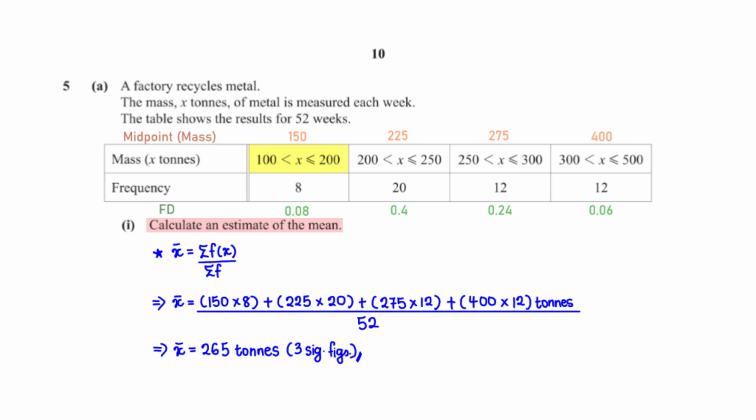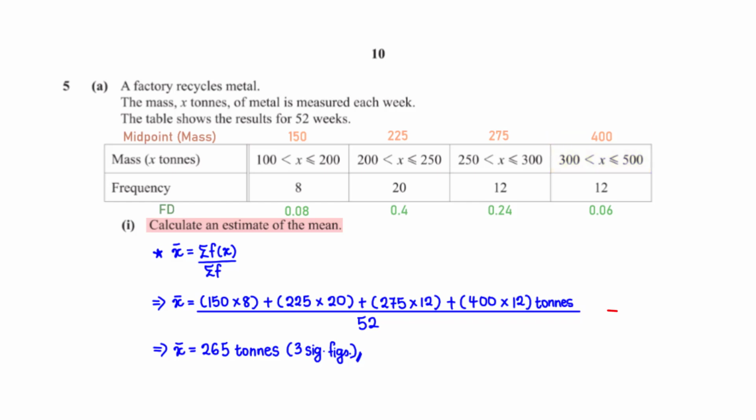So for the first interval, the midpoint mass is 100 plus 200 divided by 2, which is 150. Then we have 200 plus 250 divided by 2, which is 225. 250 plus 300 divided by 2, which is 275. 300 plus 500 divided by 2, which is 400.